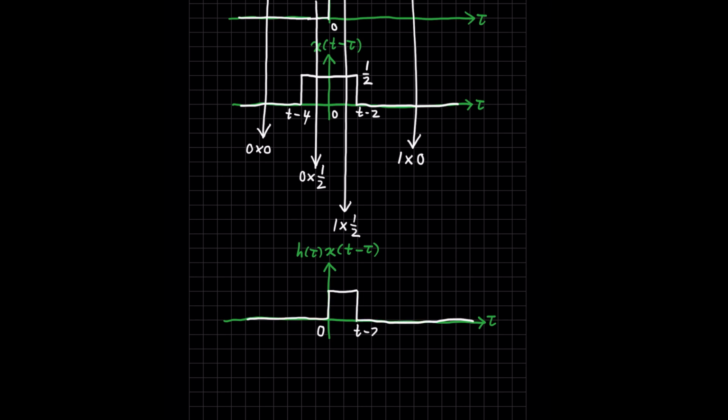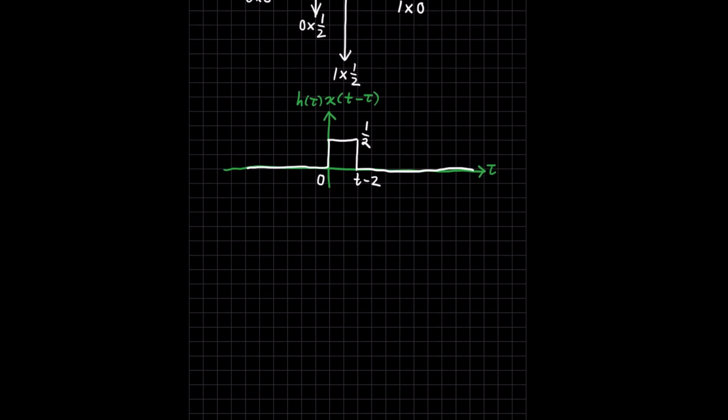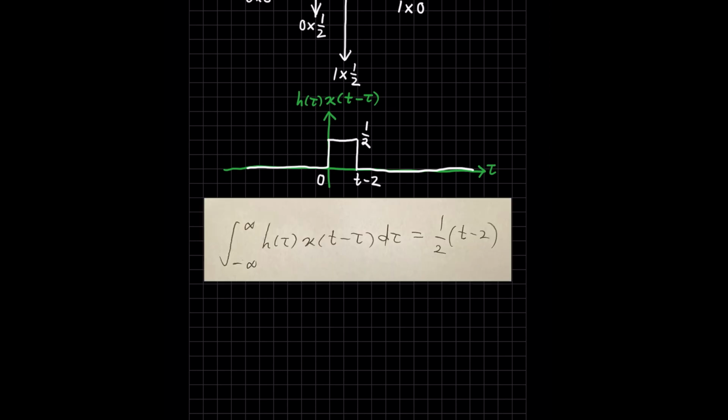As we can see, the output of the multiplication has non-zero amplitude from 0 to t minus 2, and these non-zero amplitudes have 1 over 2 values. When we solve the integration, the result is equal to t minus 2 over 2.